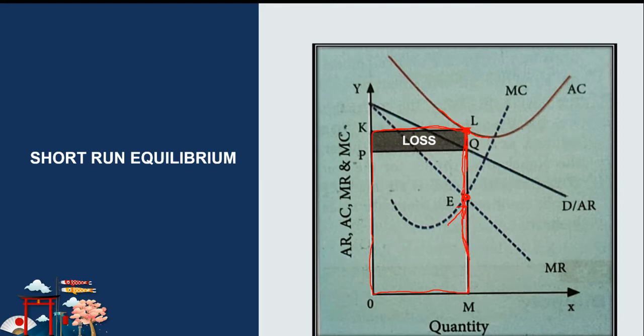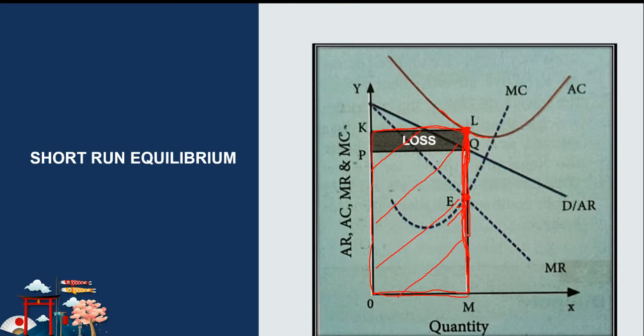It passes through E, then it goes till AR. You cannot stop here because the AC line is above the AR line. So I elongate this line till AC. So for one unit, the average cost is still here. ML is the average cost per unit. But here I'm making an output of OQ. OQ is my output. So the total cost is O, M, L and K. This area is my total cost.